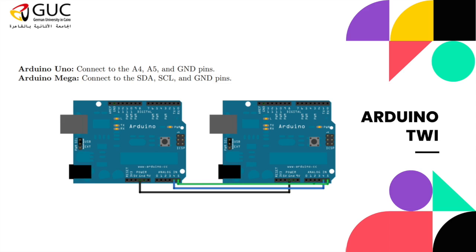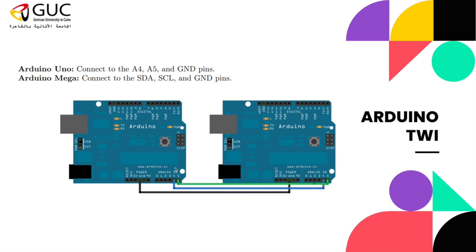They have other functionalities, which are SDA and SCL. So for the Arduino Uno, we connect the A4 from the first Arduino to the A4 of the second Arduino. As you can see, the blue line here is analog 4, because these are the analog pins, as it is written here, analog in, from 0 to 5.